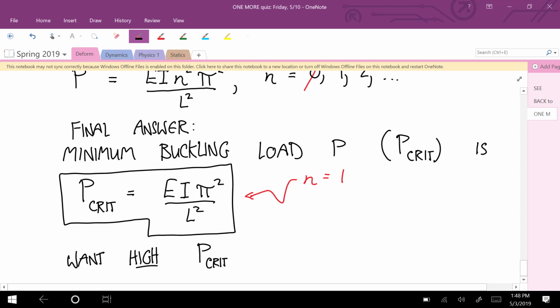Okay, so first of all, P critical gets higher if you get a stiffer material or a cross-sectional shape that's more resistant to bending. Okay, so those both make sense. If your material is hard to bend, then it's going to be a higher critical load. And the longer the thing is, and that's squared, so that's really important. As you make this thing longer, you're having a drastic effect on the critical load that buckles it.